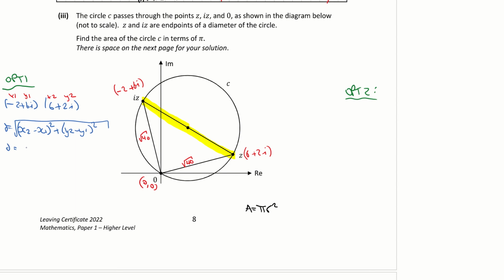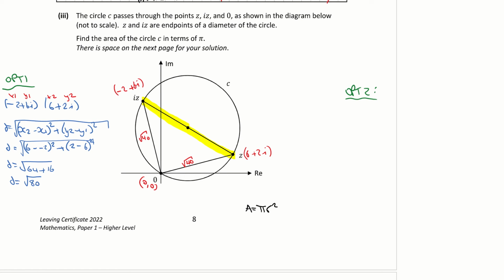Filling that in, what are we getting? 6 minus minus 2, plus 2 minus 6. Again, I don't need to put in the i's here, which is giving me a distance of 8 squared, which is 64, plus minus 4 squared, which is 16, which is giving me a distance of the square root of 80.